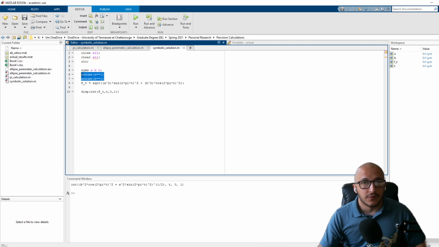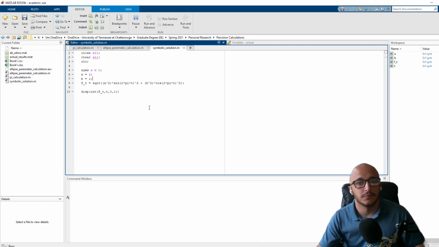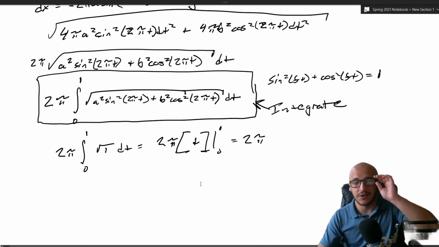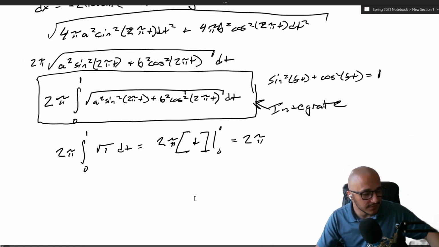Let's do a equals 1. Okay, well, MATLAB won't show me, but I know a mathematician smarter than me can solve that.